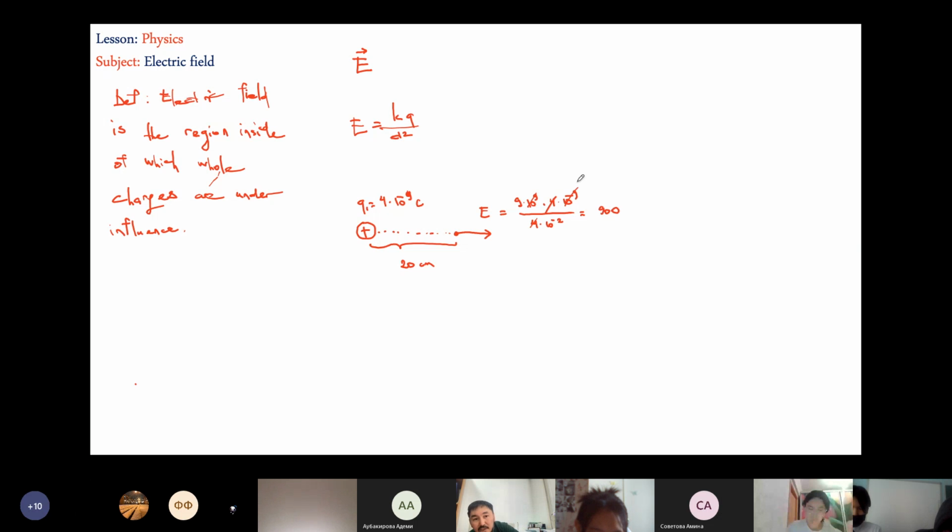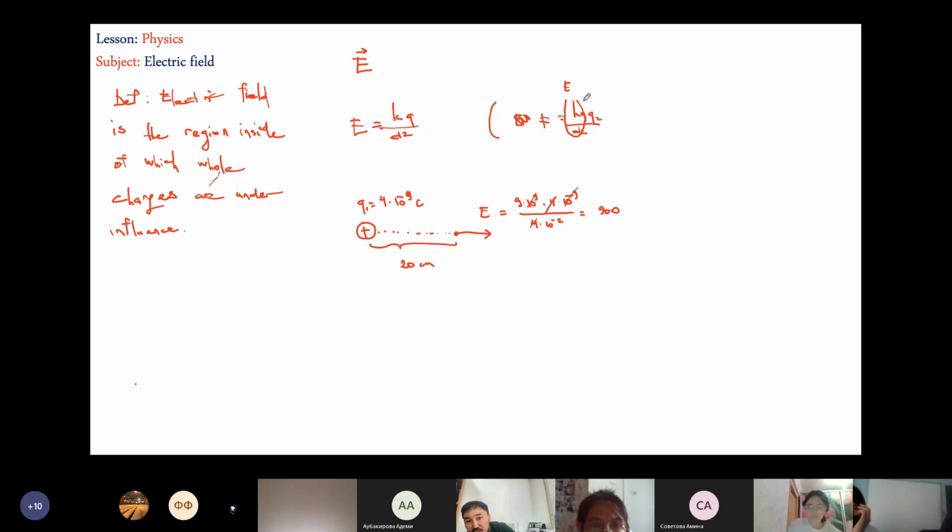What will be the unit here? The difference between Coulomb's law and this one is that in Coulomb's law I will have force, that is K times Q1 and Q2 over D squared, and here this one gives me the electric field.